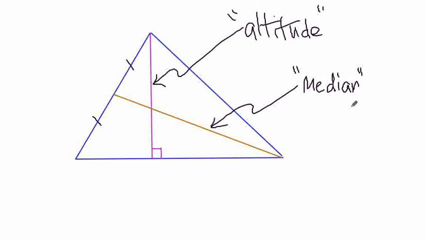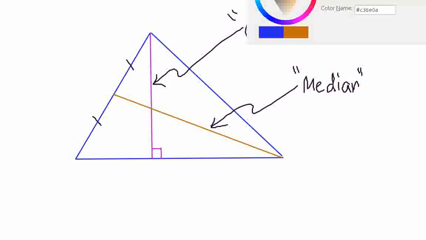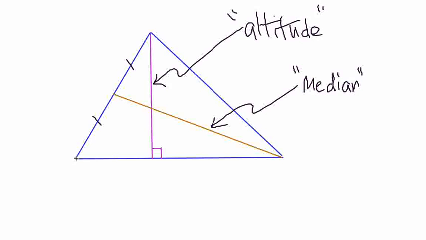All right, and lastly, what if instead of going to the midpoint or making a right angle, I chose to start from a vertex, go to the opposite side, and divide the starting angle into two congruent angles?